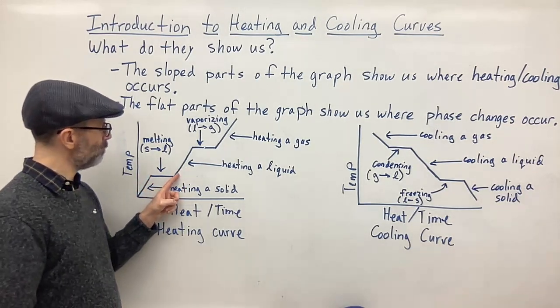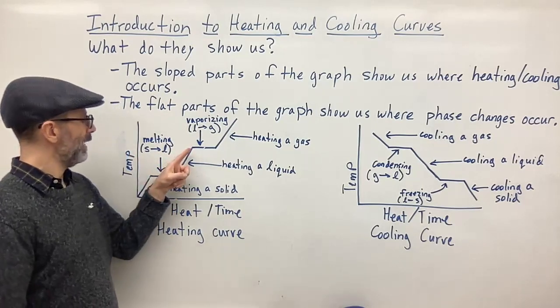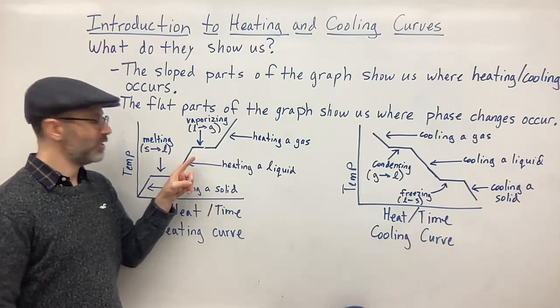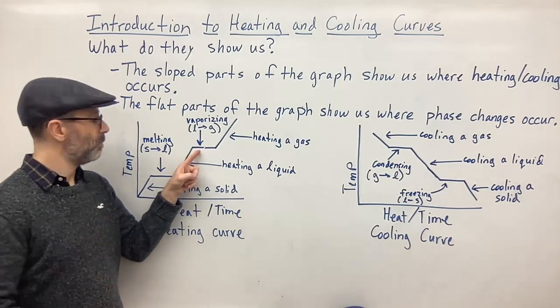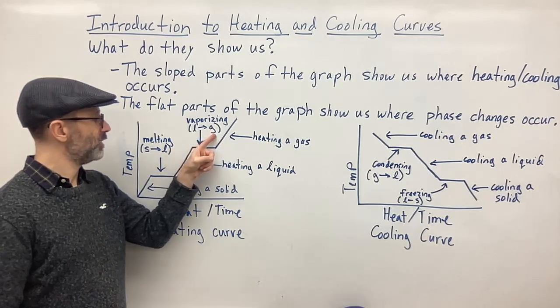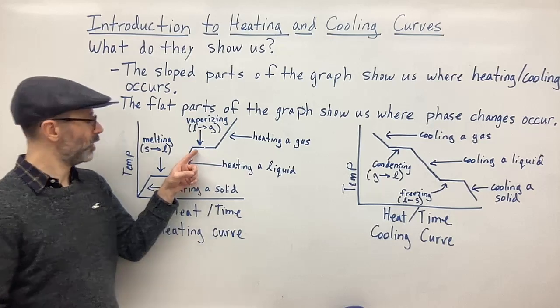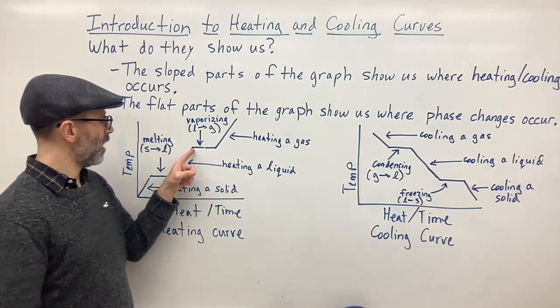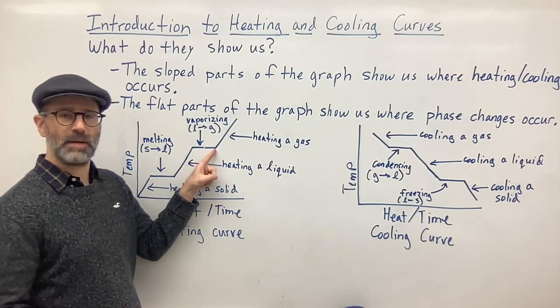And as I'm putting more and more heat into the liquid, the temperature goes up, and I reach a second plateau. Here I'm still adding energy, but now I'm changing the liquid into a gas. I'm vaporizing the liquid. This is where boiling is going to occur. So I'm going to vaporize that liquid, and I'm going to keep adding energy until all of the liquid is vaporized.